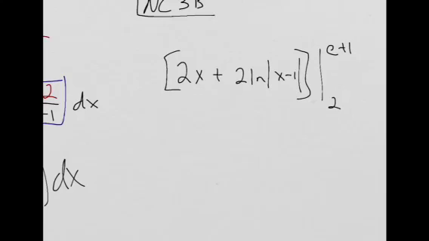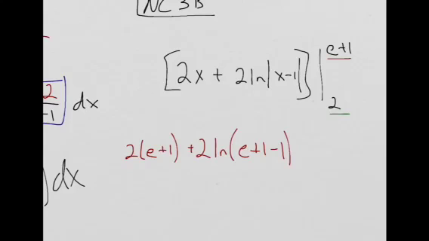Anyway, so I've got this thing right here. I need to evaluate it at those two different spots. So maybe I'll do this in red, and I will do that in green. So in red, I get the e plus 1, so that's 2 times e plus 1 minus 2 ln of e plus 1 minus 1.